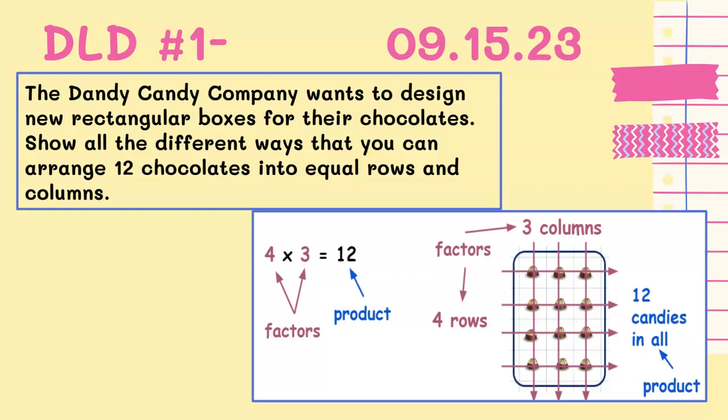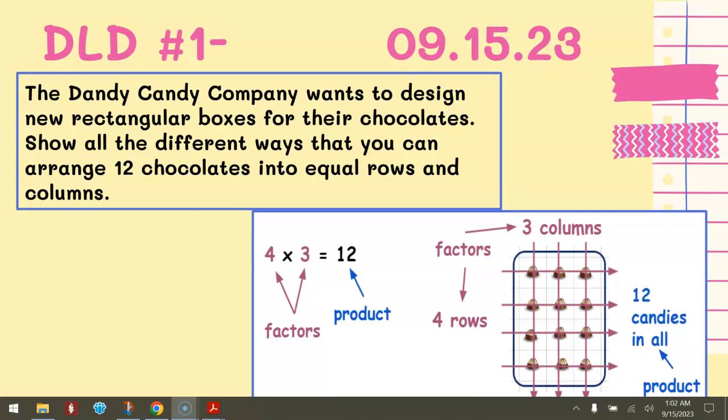Now, another way that we could have created an array for this particular candy was to have the factors of 2 and 6. The product would be 12. So if I did 1, 2, let me see if I can make that a little bit thicker.